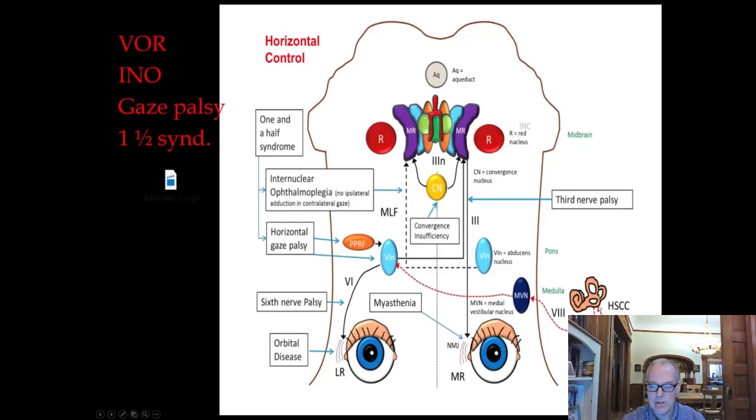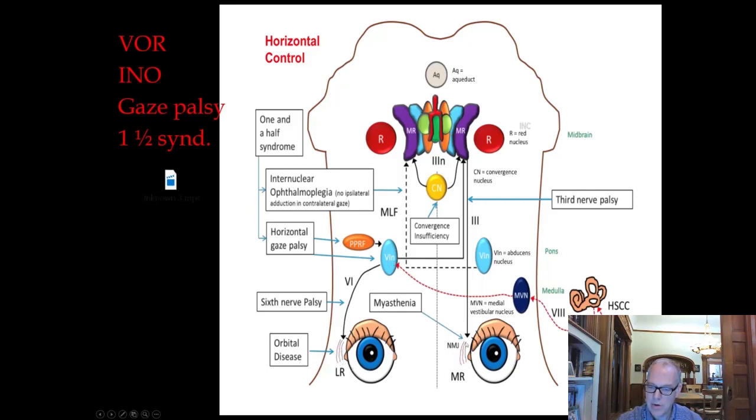All right, and so let's see how that happens. So you turn your head to the left, the eyes go to the right. So information goes into a vestibular nuclei and then crosses over to our PPRF 6th nerve complex. Okay, and so this needs to turn the eyes to the right for this vestibulo-ocular reflex to be intact. And so the sixth nerve then talks here to the right eye, to the lateral rectus, which is going to pull the right eye to the right.